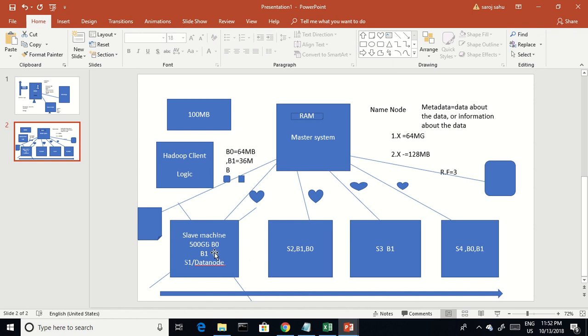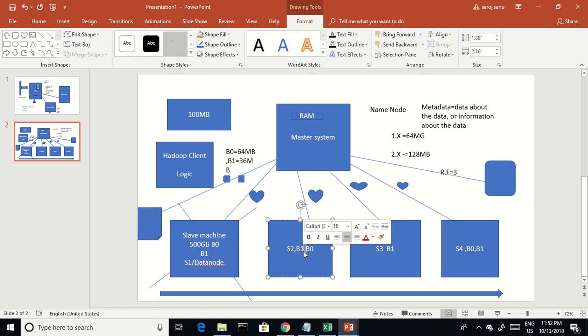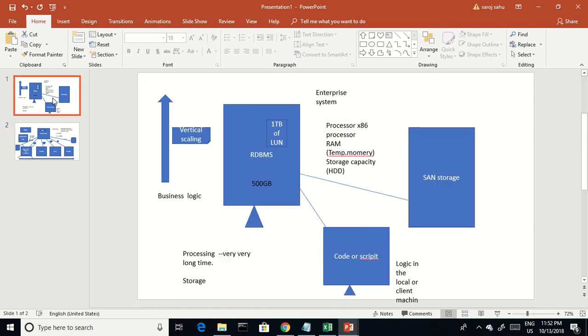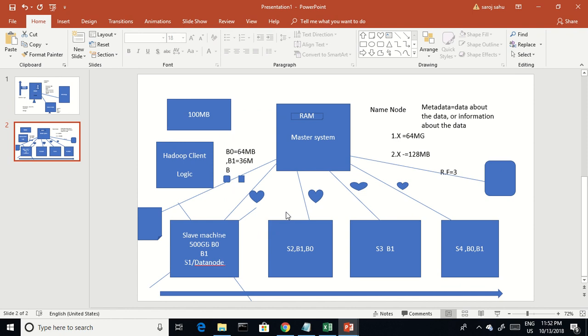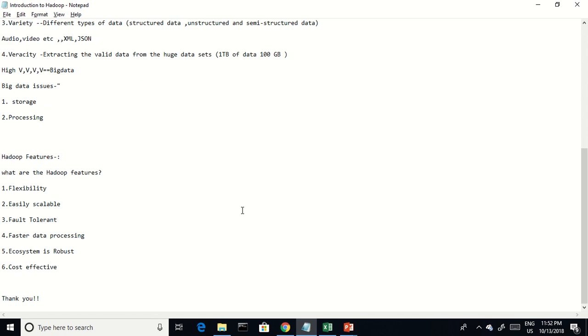At the same time, this block is processed by this machine, and the second block is processed by another system, and the results are combined and given to the master machine, and the master machine gives the result to the end client. So parallelism is happening here, whereas there only one machine does the task and here multiple machines do the same task. That is called faster data processing.